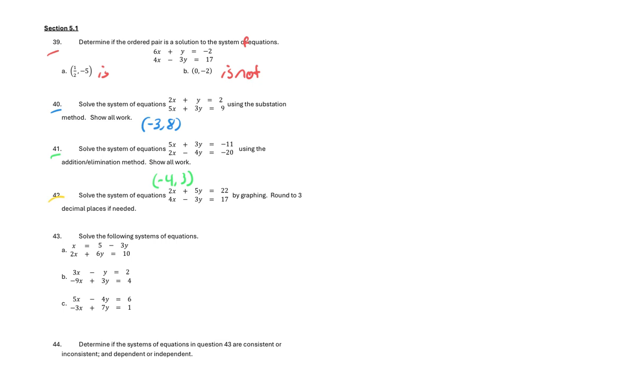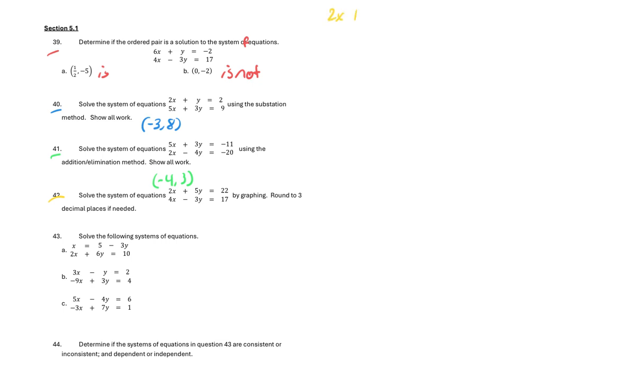42, solve the system of equations by graphing, round to 3 decimal places if necessary. So first thing first, we're told to use the graphing. That would be the graphing capabilities of our calculators. So we're going to need to put our equations into a y equals form.